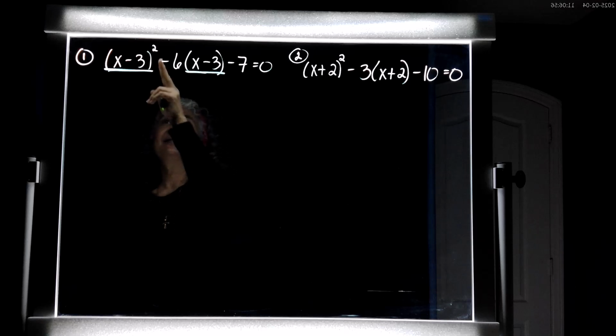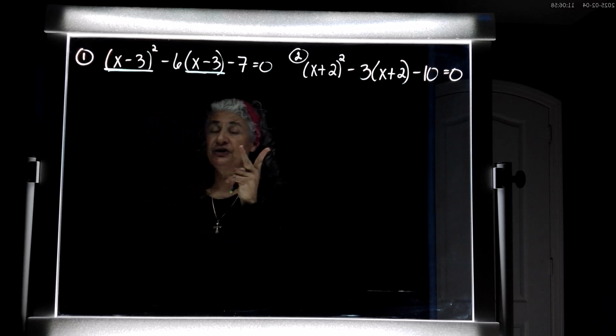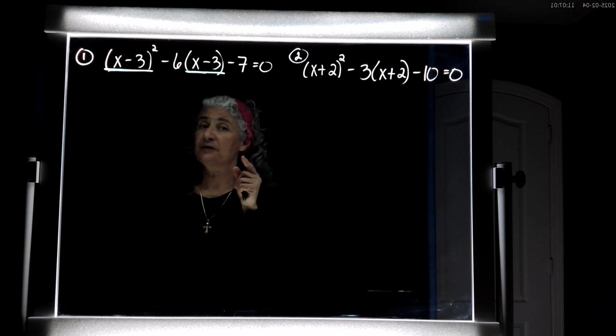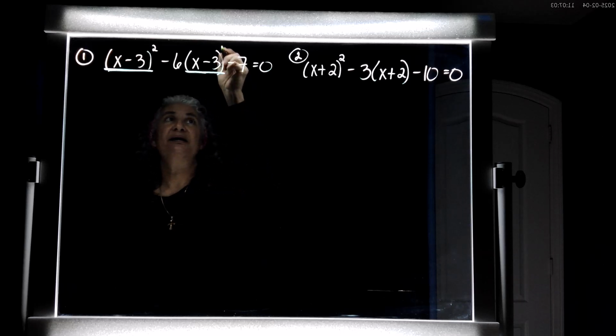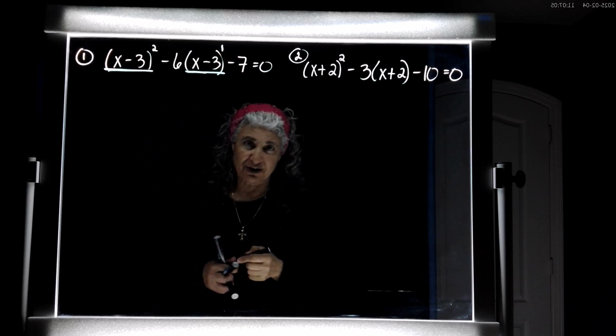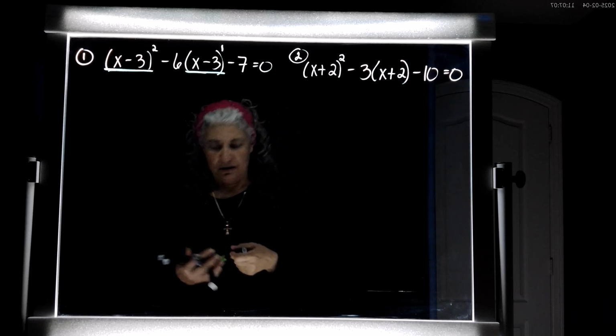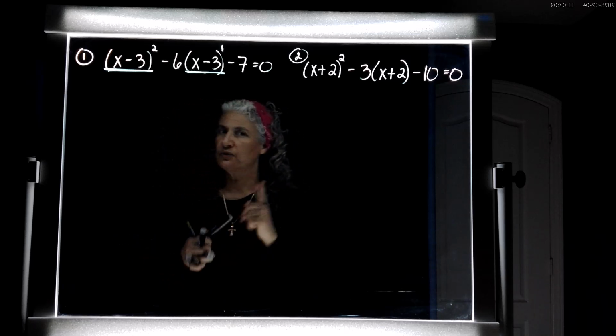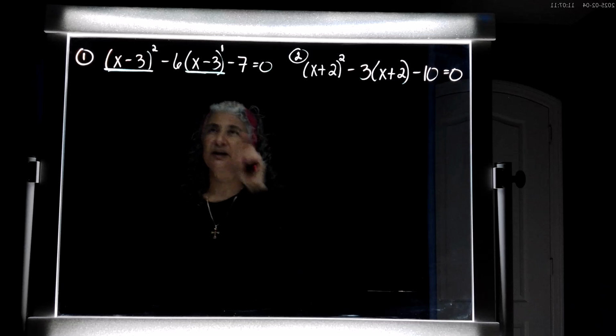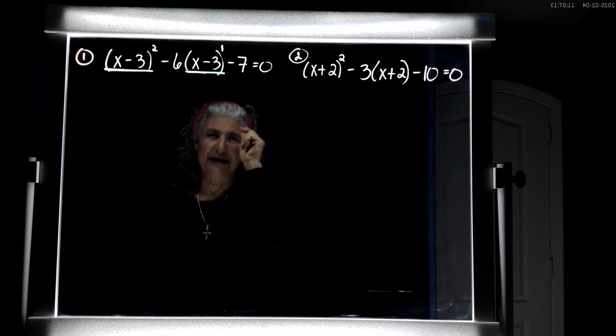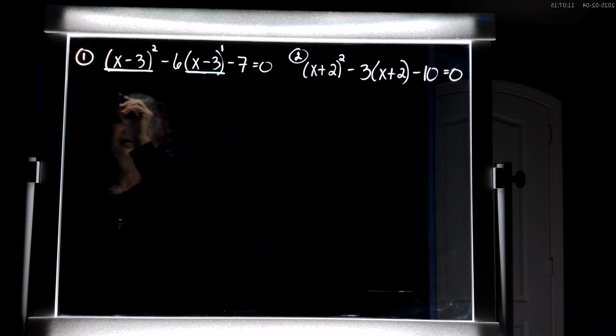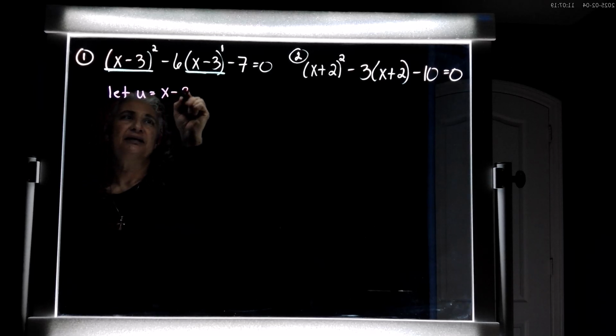And I'm noticing this variable is to the power of 2, and this variable is to the power of 1, which means this is quadratic in nature. I know, right? Okay, so that means, what's my variable? What did I say to treat as the variable? X minus 3. So that means I am going to let u equal x minus 3.